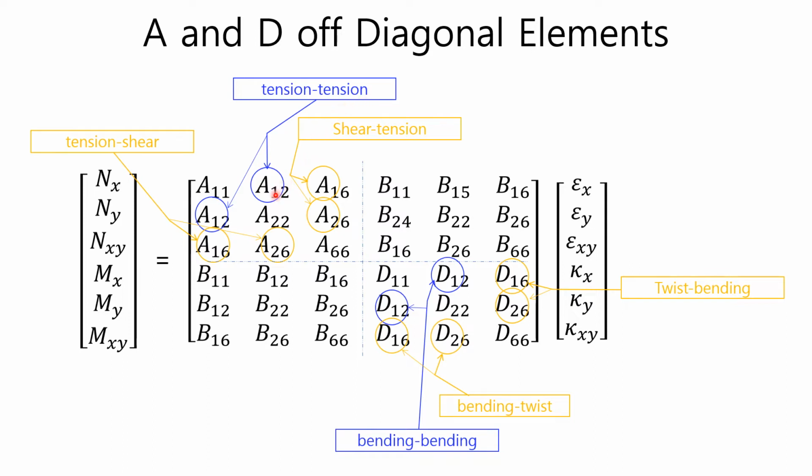We have A12 for tension, and we have A16 and A26 for shear tension, and the other A16, A26 for tension shear. And we have D12 for bending, and D16 and D26 for twist bending, and the other D16 and D26 for bending twist.